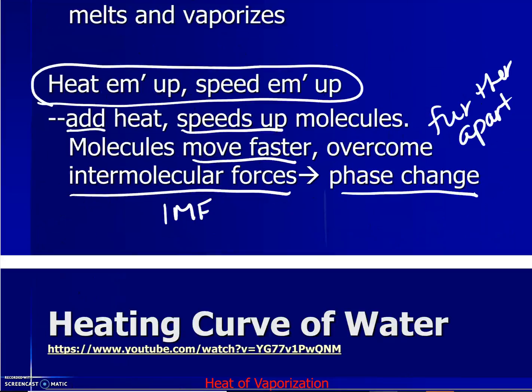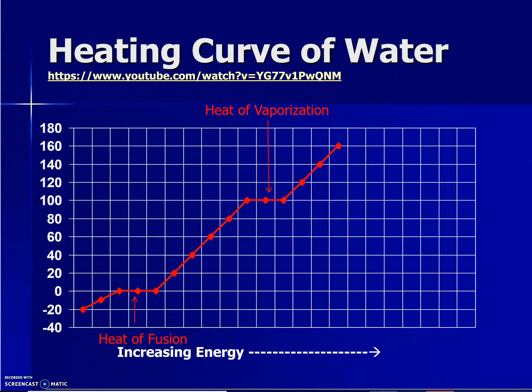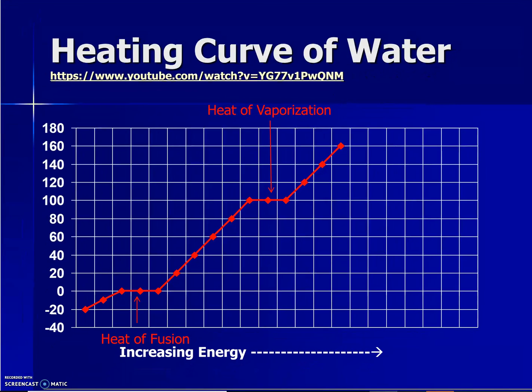Okay. So here's an example of a heat curve, and this is of water. At 0 degrees, you guys know that is where water will freeze. So down here is where I'm going to have a solid. At this point where it levels off is where I have an equilibrium point, as it's going from solid to a liquid, melting is in equilibrium with freezing.